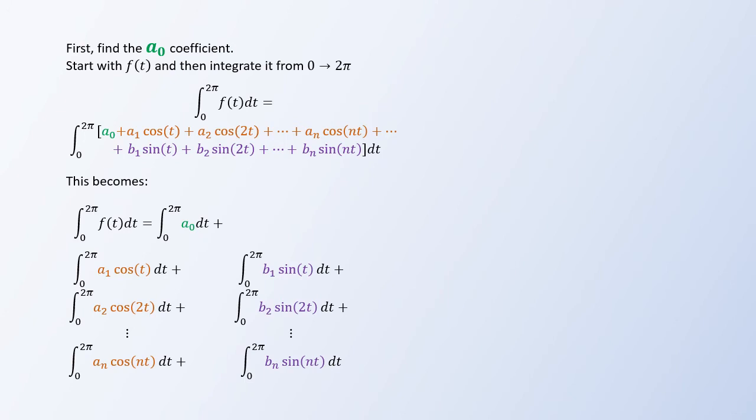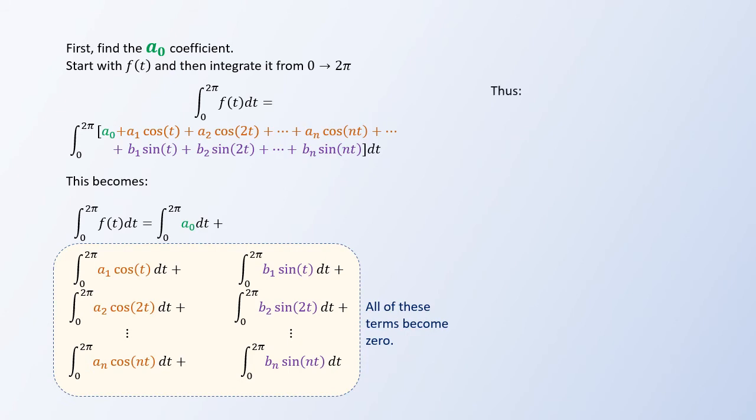Now here's where things become very interesting. Remember that the integral from 0 to 2 pi of a cosine term or a sine term is 0. So all of these terms right here drop out. They all become 0. And so we're left with that integral from 0 to 2 pi of a0 dt.